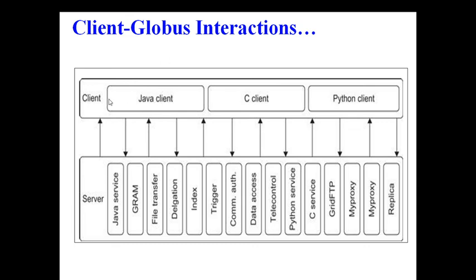Whoever the client is, whatever language they are using, every server is ready with the GRAM resource allocation, the file transfer, the delegation, the index and the trigger. So every service is going to be verified in this. There is no doubt at all that any type of user can access their data. Okay? So this is the client Globus interaction.